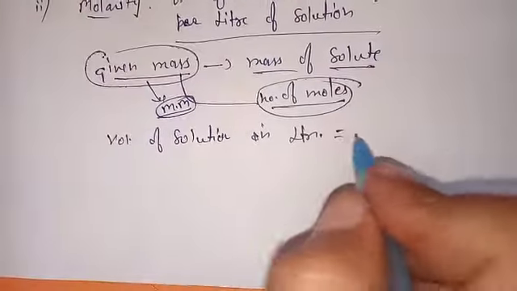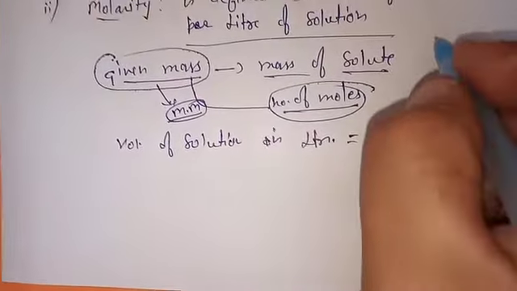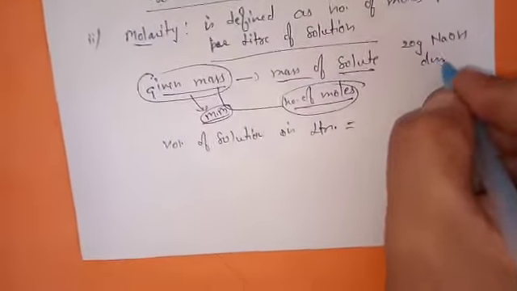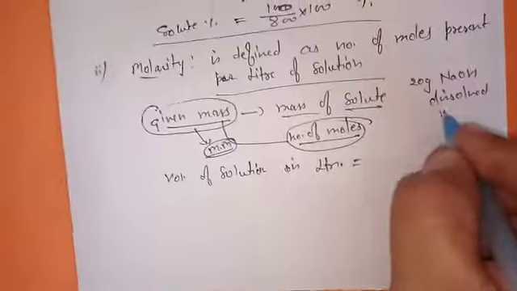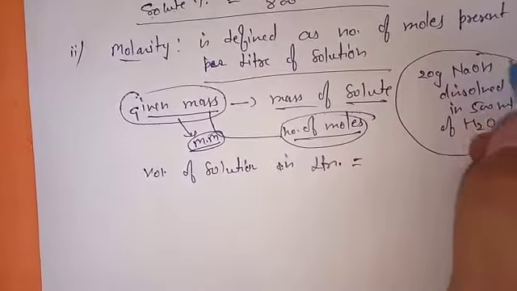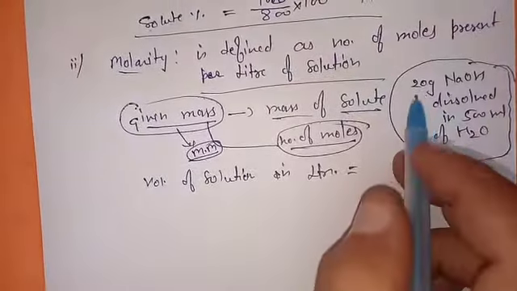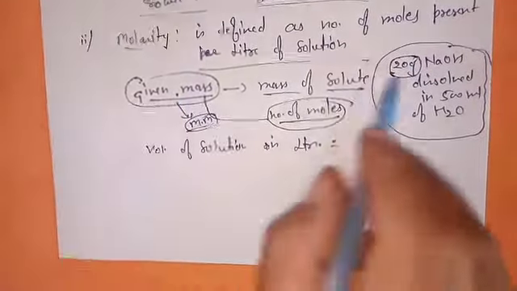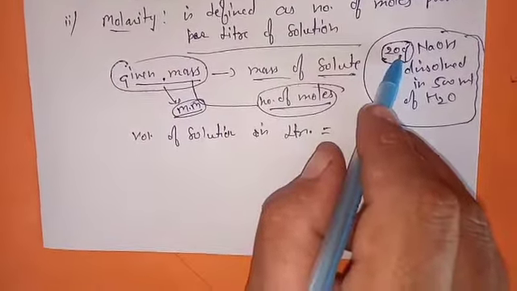Suppose, for example, 20 gram of NaOH is dissolved in 500 ml of H2O. Tell me the molarity of this solution. First of all, this is the given mass, the term we used. We have to convert this into number of moles.